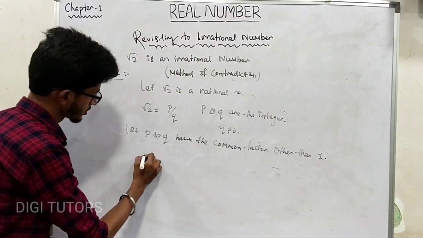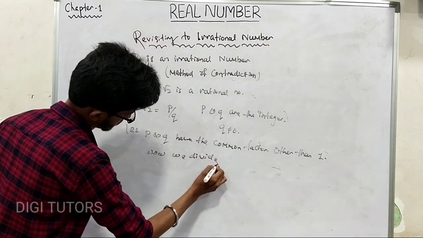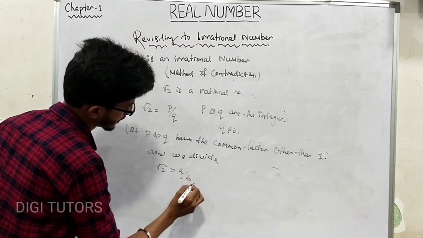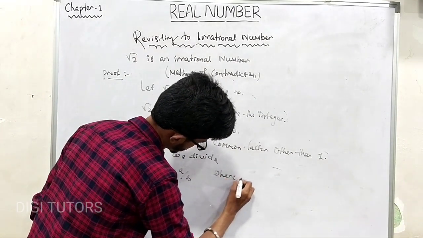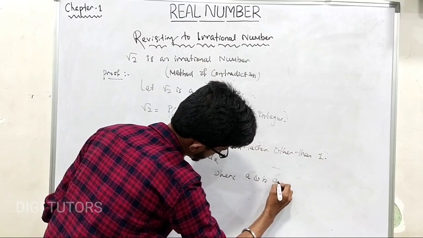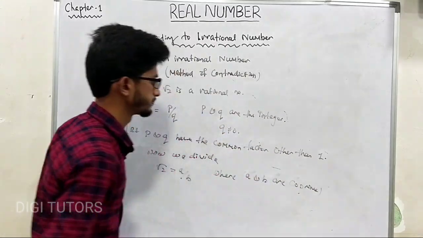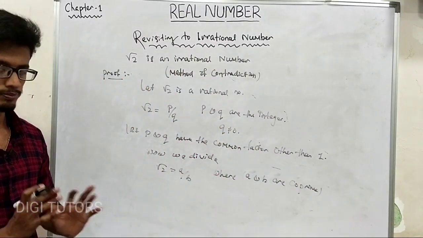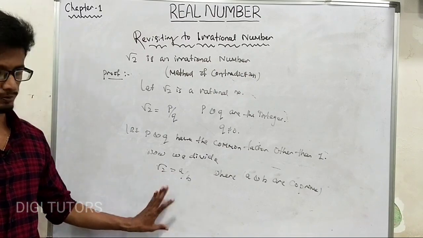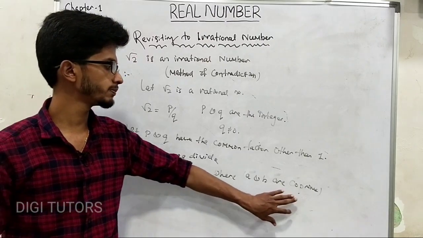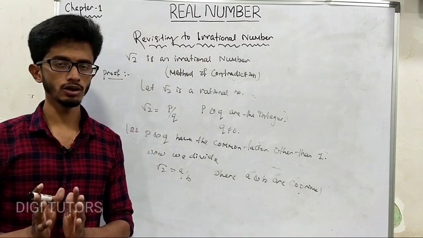Then we divide out the common factor, so root 2 equals a by b, where a and b are co-prime. Co-prime means relatively prime, that is, having no common factor other than 1.